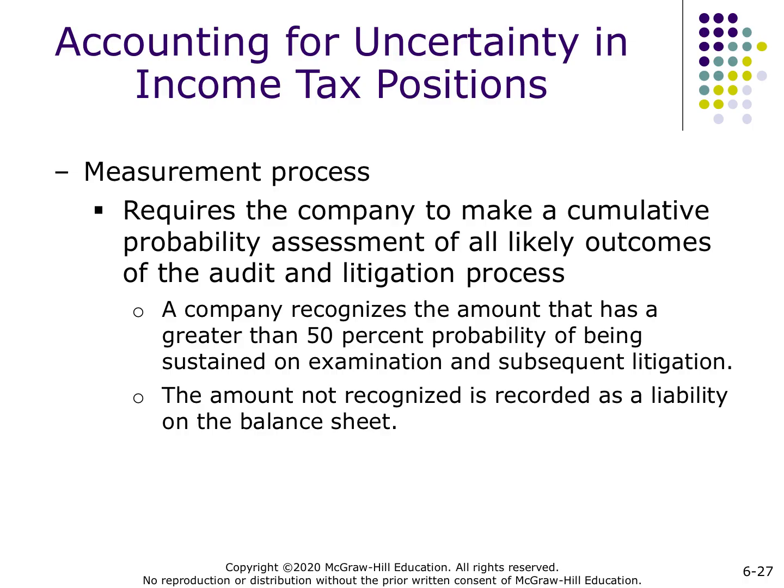We have to recognize the positions, and then we have to measure them. We can recognize an amount if it has a greater than 50% probability of being sustained. This is the bar that you need to remember. And the amount not recognized is recorded as a liability on the balance sheet. So what you think you're not going to be able to recognize has to be recorded as a liability on your balance sheet.